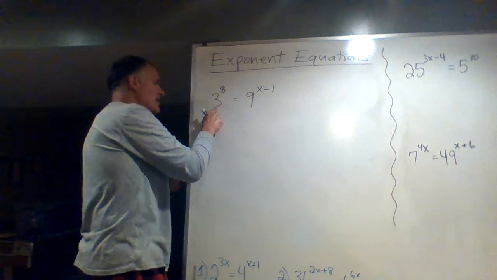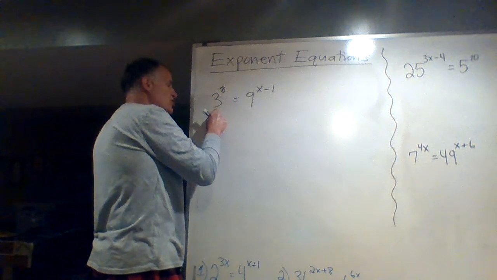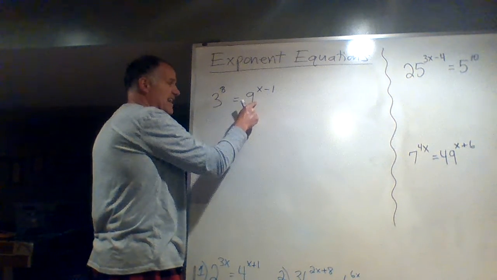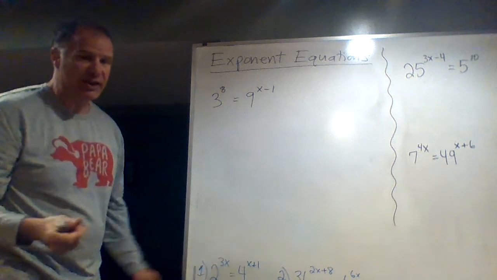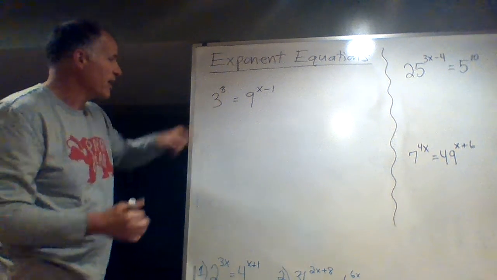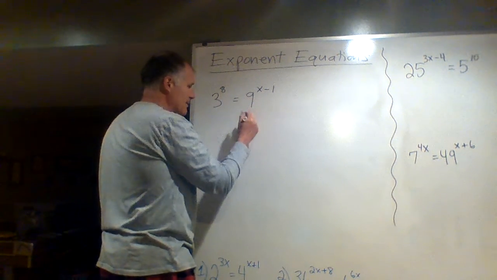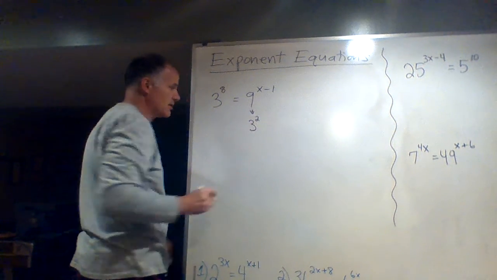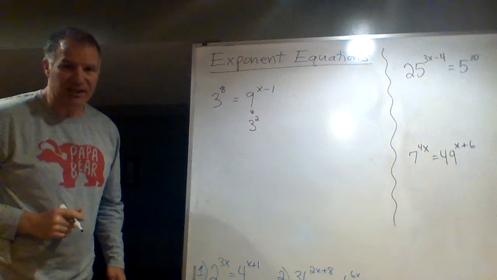Obviously 3 and 9, remember, the smaller one should always be able to be created by taking the bigger one and changing it. So 9 can become 3 squared. Again, 9 can be changed to 3 squared. I think we did that on the last video.